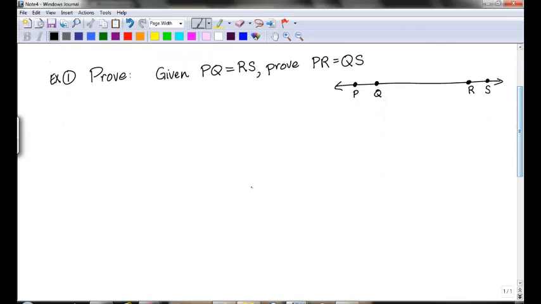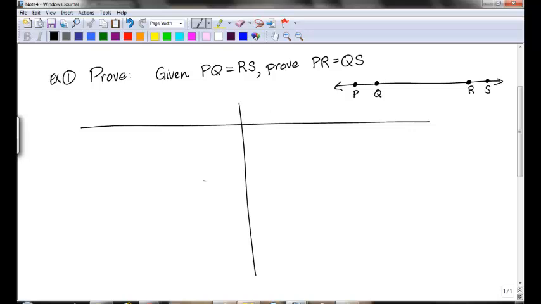So you always want to look at the picture if they give you one, and usually they do. Okay, and remember this is statement and reason. The good thing with geometry is you always have to back it up. If you're going to write something down as a statement, you have to back it up with something. Okay, the first thing I do is the given.